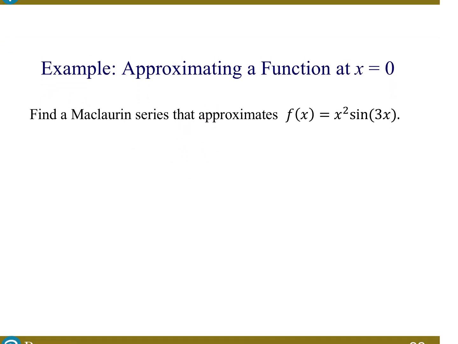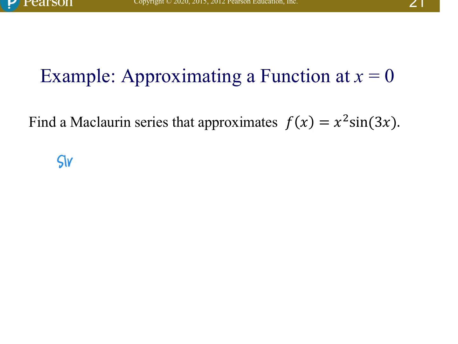Since we already know that sine 3x is quantity 3x minus quantity 3x cubed over 3 factorial plus quantity 3x to the 5th over 5 factorial, if we want to multiply this by x squared, then we just have to multiply all these terms. It's basically distributing an x squared to all the terms. So then also distribute it to your general term.